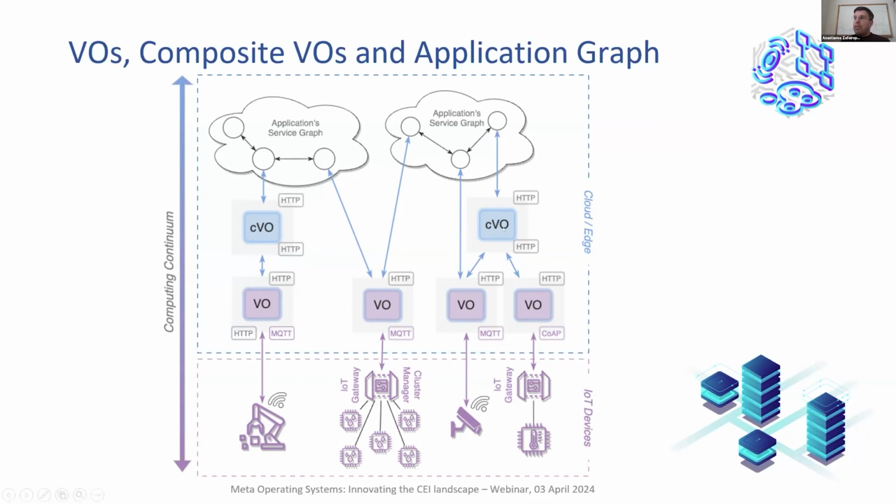Here also resides the concept of the digital twin, because by adopting this framework and going to specific vertical industries, someone can design a digital twin that is mapped under the concept of a composite virtual object. Here we support different communication protocols, including HTTP, MQTT, and CoAP, and we try to continuously improve the stack. Both VOs and CVOs, virtual objects and composite virtual objects, are orchestratable.